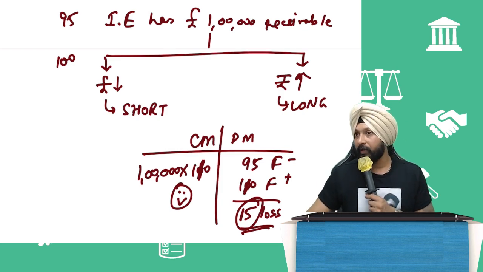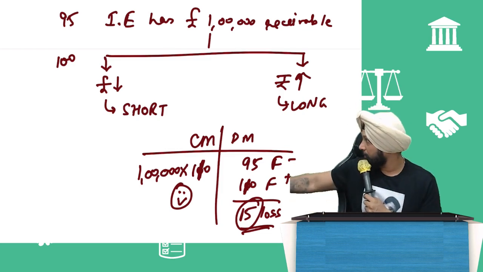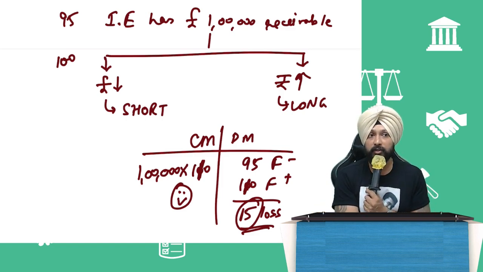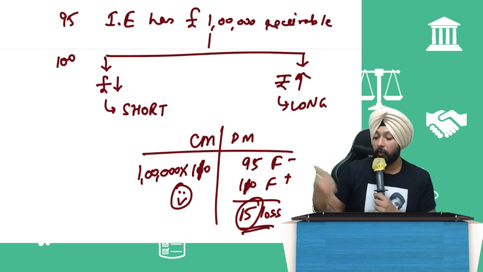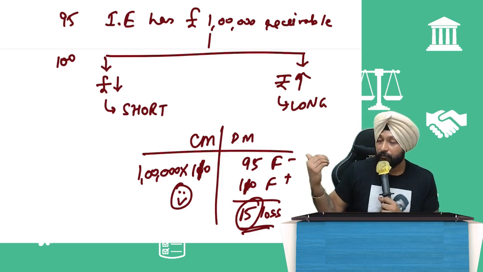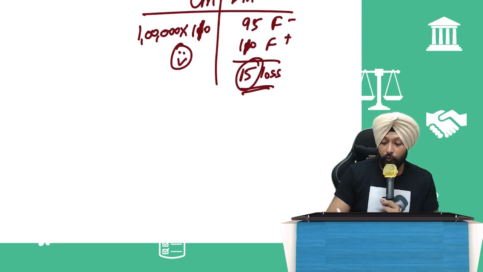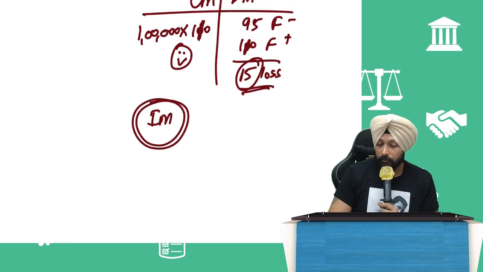So on maturity date, guys, ultimate settlement will happen in the currency market only, because futures delivery is not possible. Because of this, futures will only result in profit or loss. For taking futures, I have to pay initial margin.